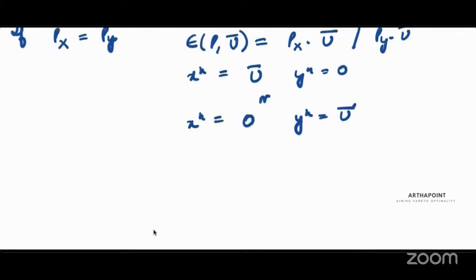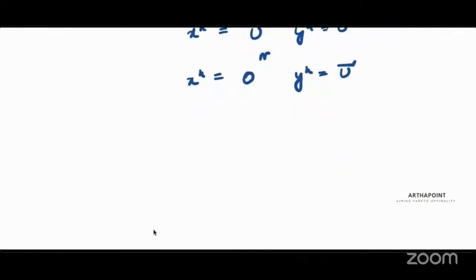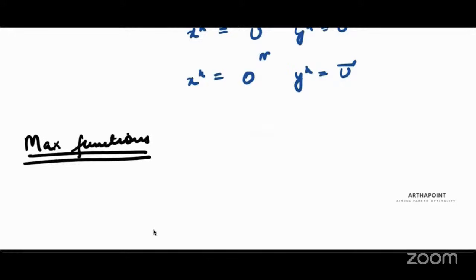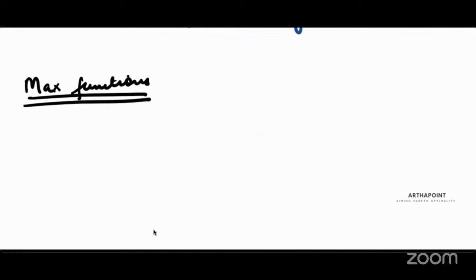Now, let's do a third kind of utility function, and they actually act very, very similar to substitute goods. They're known as max functions. So the max functions have a utility function that looks like max of x or y.